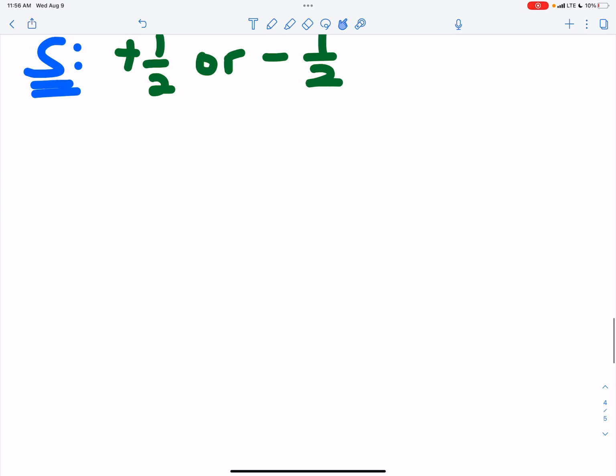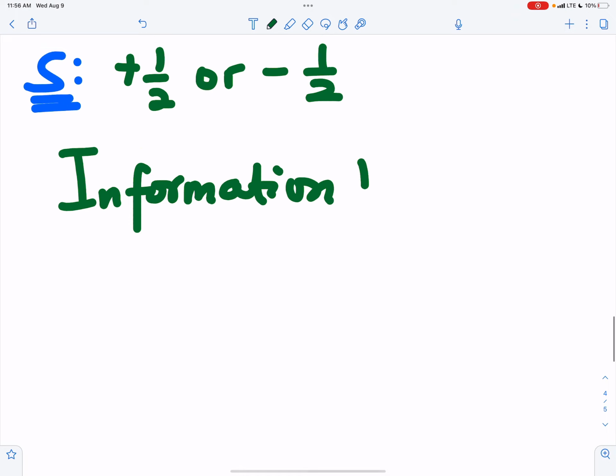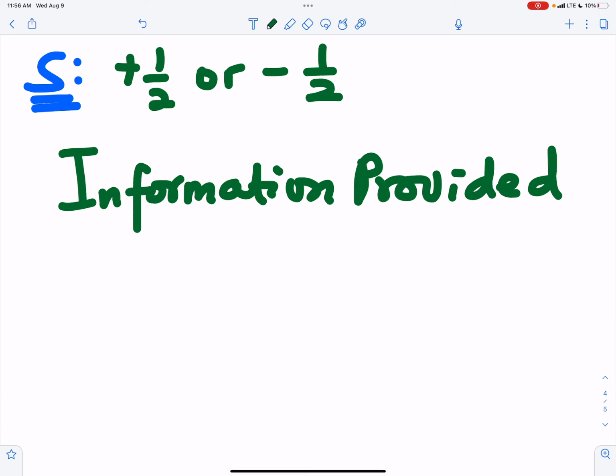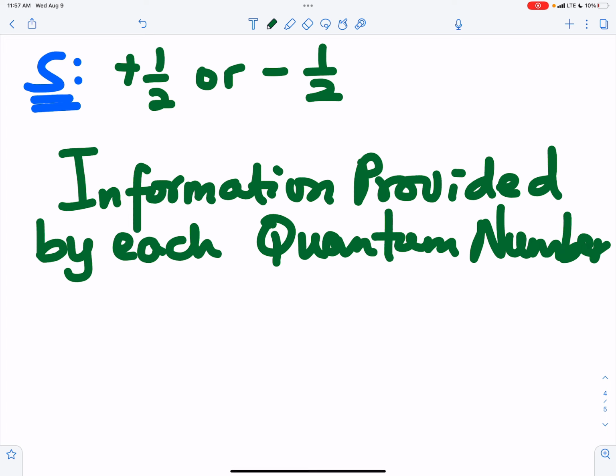So let me go ahead and jot that down. Information provided by each quantum number. Each quantum number gives us some information about an electron.